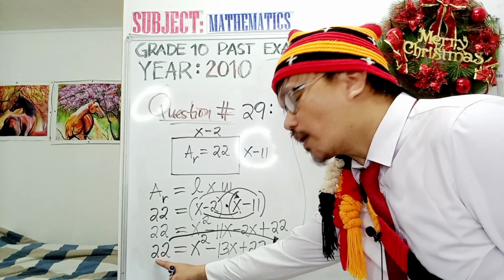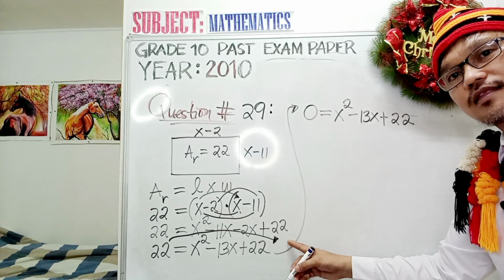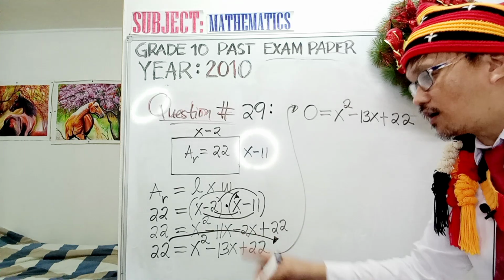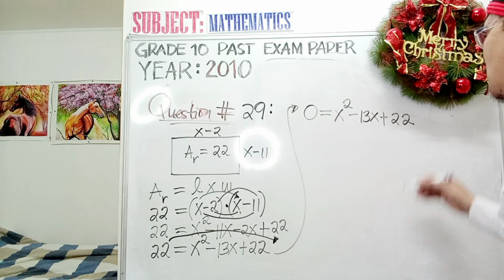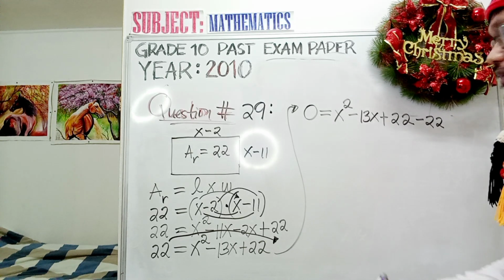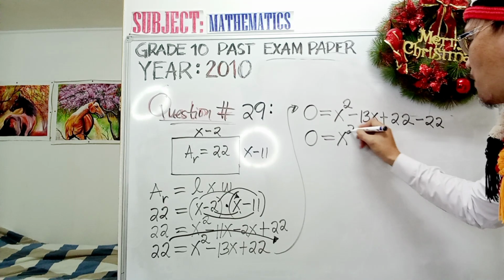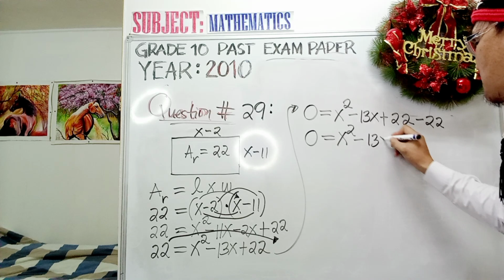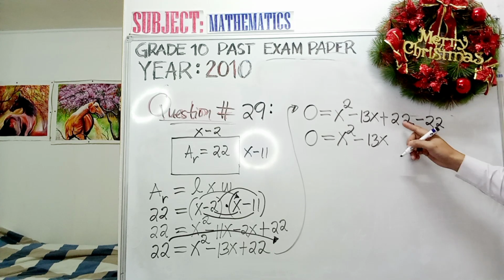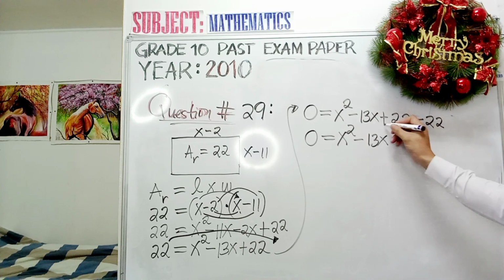We move 22 because we want it to combine with the other like term, the constant 22. So that is negative 22 over here. So we have now 0 is equal to x squared minus 13x. So we have positive 22 minus 22 is equal to 0.